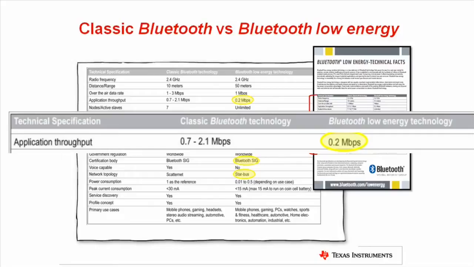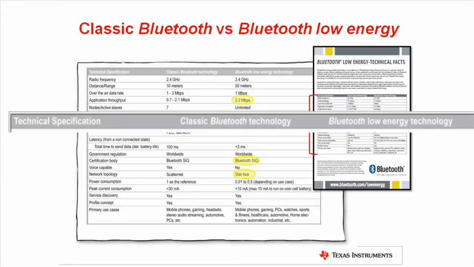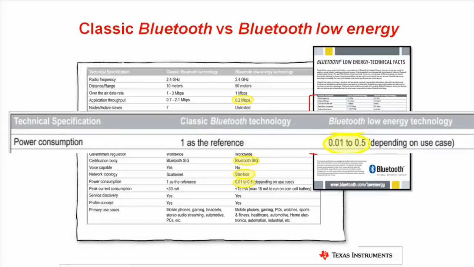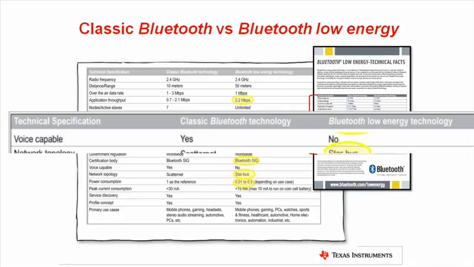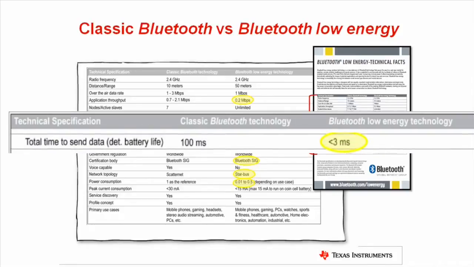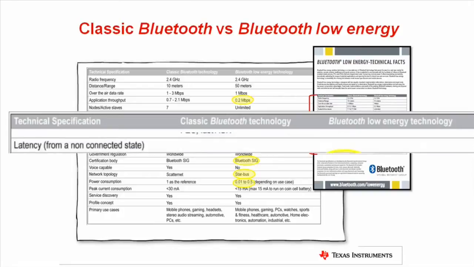The data rate and actual payload is much smaller compared to classic Bluetooth, rendering it unsuitable for streaming larger amounts of data. BLE scores well on improved overall power consumption by lowering peak currents, connection latency, and the inherent ability to drop connection during longer inactive states.